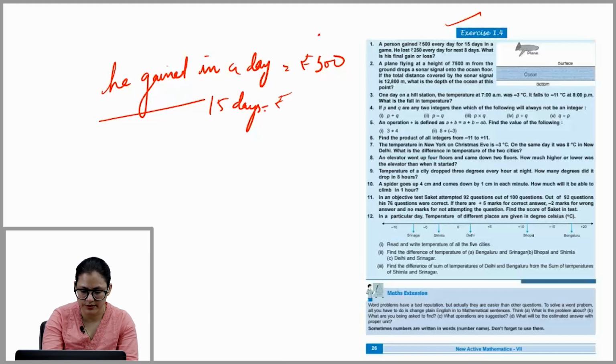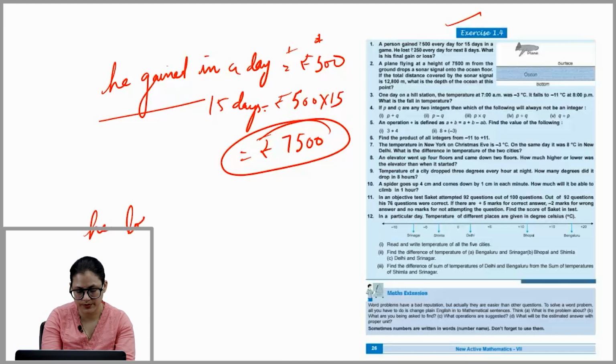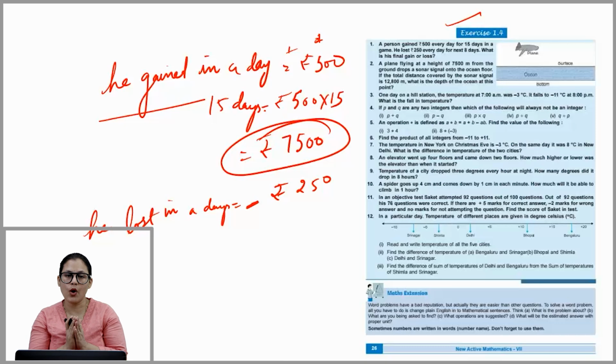Gain, so this is positive. So rupees 500 into 15, so his gain is 7,500 rupees. Total he gained that much. But next he lost 250 rupees for the next 8 days. So he lost in a day rupees 250, minus, because he is losing money.